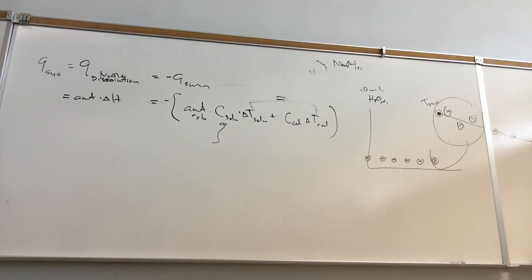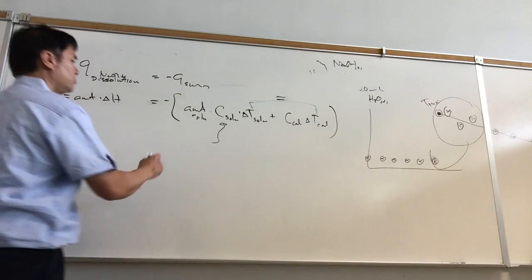Well, is it a concentrated sodium hydroxide or dilute sodium hydroxide? It's pretty dilute. And so if it's fairly dilute, then the specific heat should be somewhat close to water.